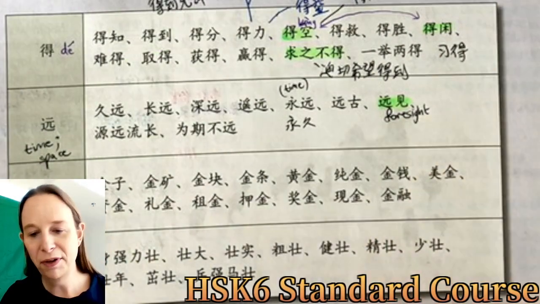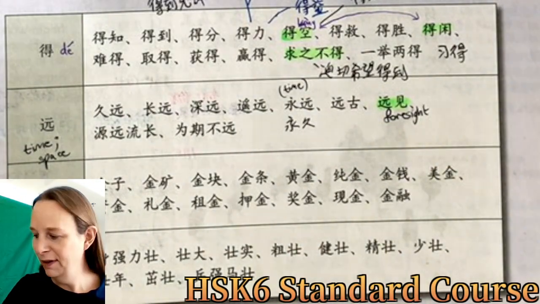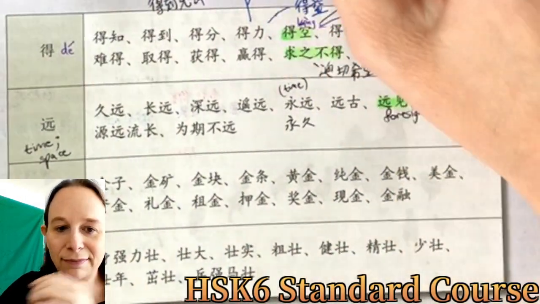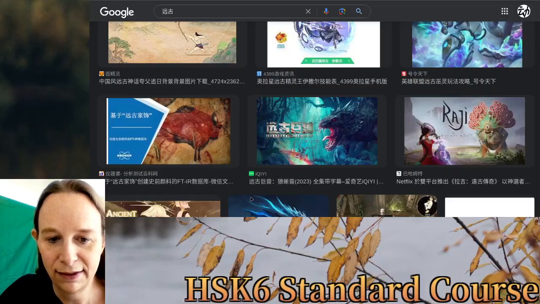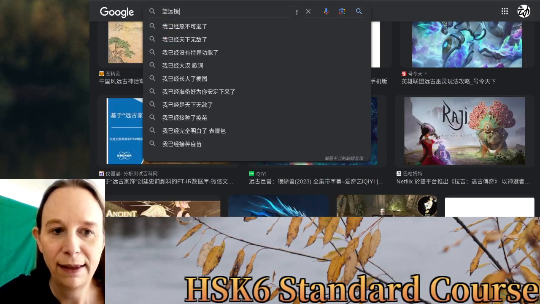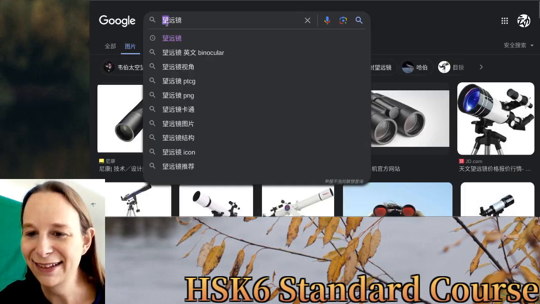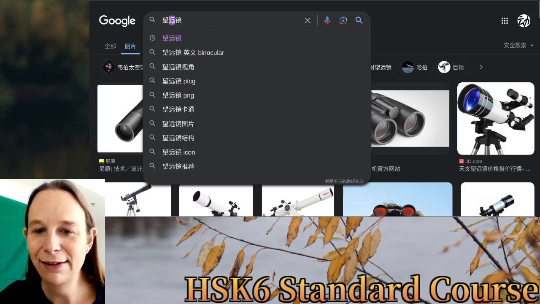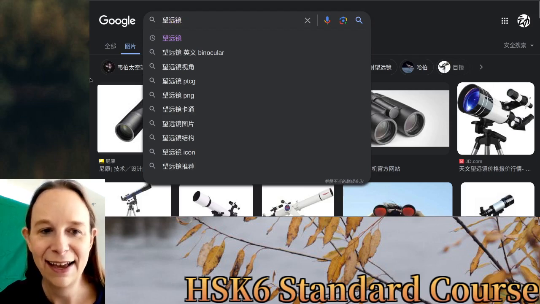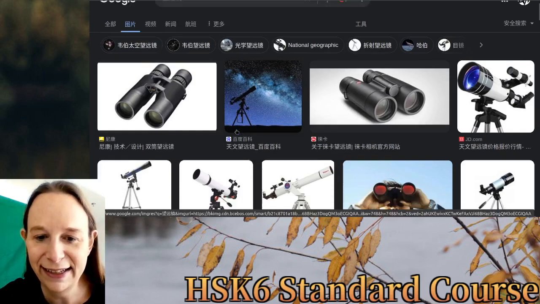Yeah, do you know 望远镜? Is it on the list? No. 望远镜. Maybe we'll just Google it. 望远镜. That's also a yuan word. So 望 is gaze or look at. 远 far, 镜 lens. So gaze far lens. Yeah, these are 望远镜s.